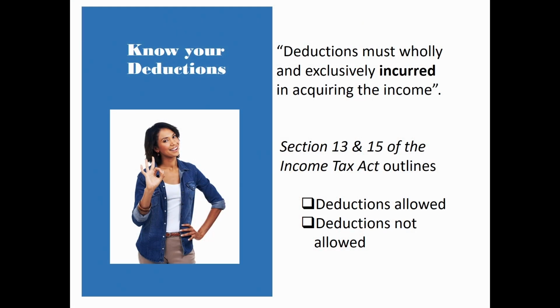So all the other things sound like personal expenses, and those are not allowed. Section 13 of the Income Tax Act tells you what deductions are allowed, and section 15 tells you the deductions that are not allowed. If you're not sure which one you should allow or not allow, you can always give us a call.